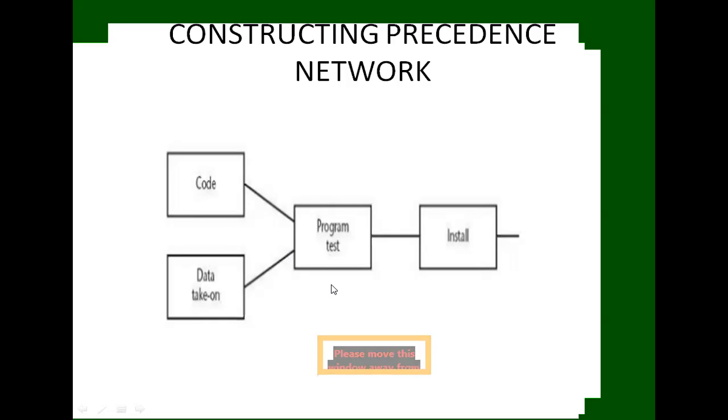This method uses activity on node, where activities are represented as nodes and the links between the nodes represent the sequence. This approach avoids some problems and provides an easier representation.